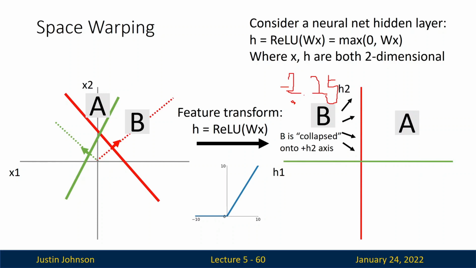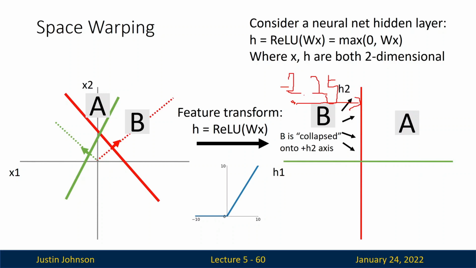But since we have the nonlinear function here, what will happen? It means all values less than 0 will become 0. So all of the points here will be moved to here.